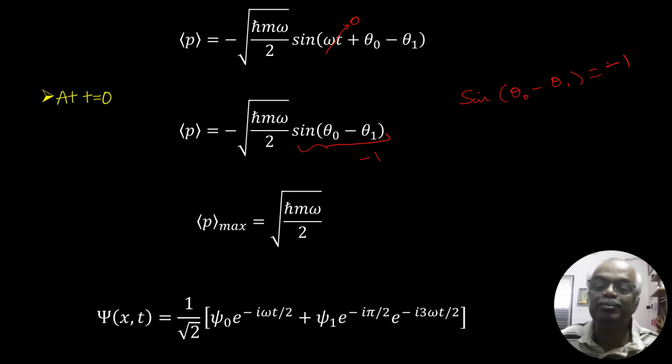When does it happen? When theta naught minus theta 1 is equal to minus pi by 2.